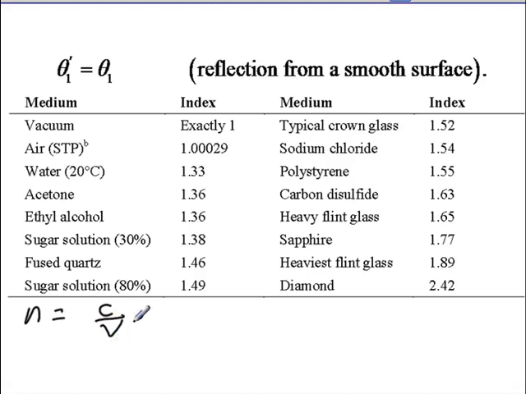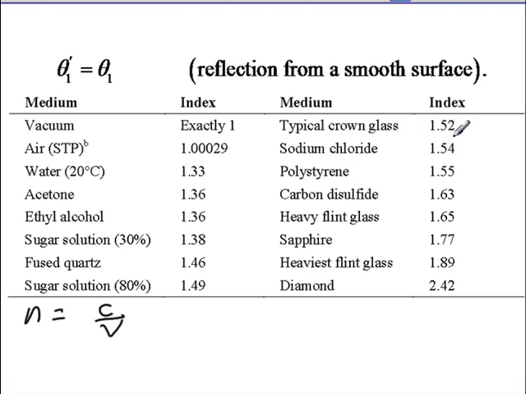So the larger the value of n, the slower the speed of light within that medium. As you can see here, for a vacuum it's exactly 1. For air it's very nearly 1. But as we get to other things like, for example, glass or sodium chloride, those are about 1.5.